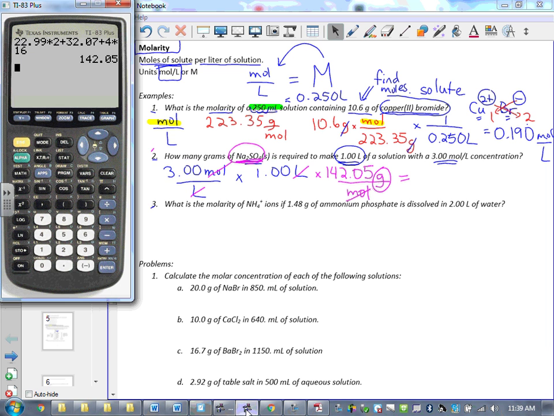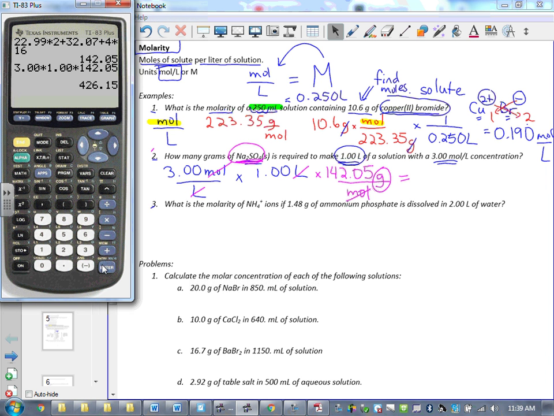In my calculator, I should do my 3 moles per liter times 1 liter, that doesn't change it mathematically, times 142.05. I'm going to have to weigh a lot of sodium sulfate out.